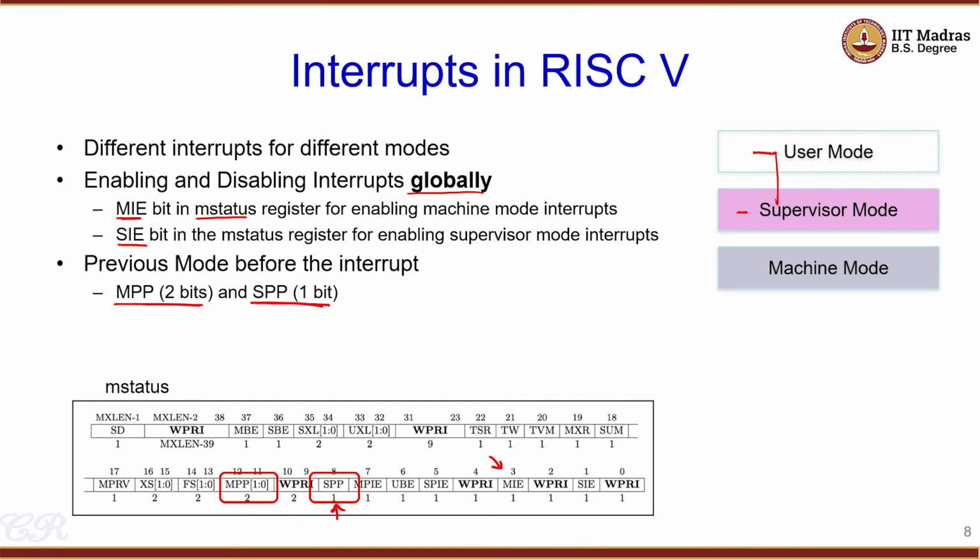So, there are 3 previous modes possible for a machine mode interrupt, and therefore, this is encoded using 2 bits. However, for SPP, the previous mode could be either the user mode or the supervisor mode. So just 1 bit is sufficient to encode that.